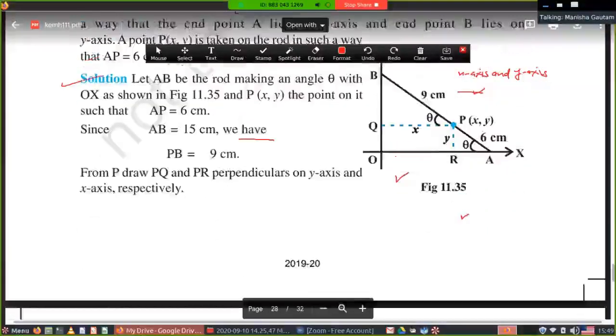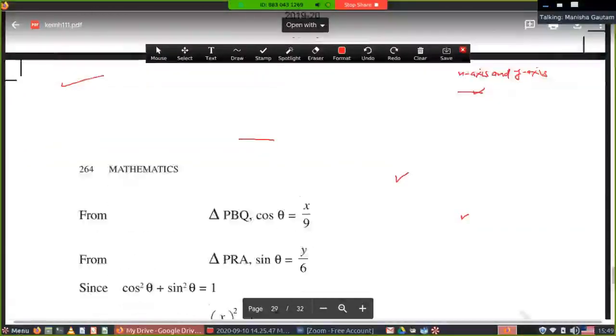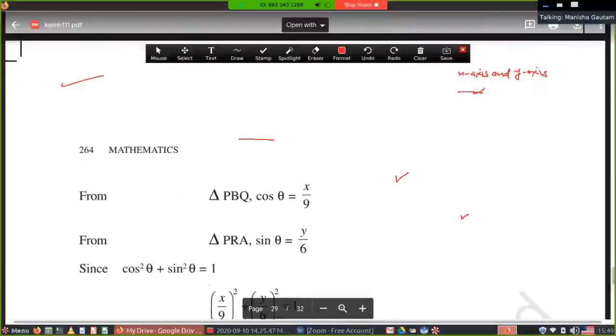Let's see what the values are. In the first triangle, cos theta is equal to base upon hypotenuse, that is x upon 9, and sin theta, perpendicular upon hypotenuse, you are getting y upon 6. When we solve these two equations, which are trigonometric equations along with algebraic equations, we square and add them. Squaring the first and second equations, you are getting cos square theta is equal to x square upon 81, and the second equation squared is sin square theta is equal to y square upon 36.